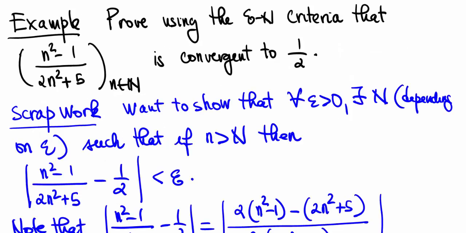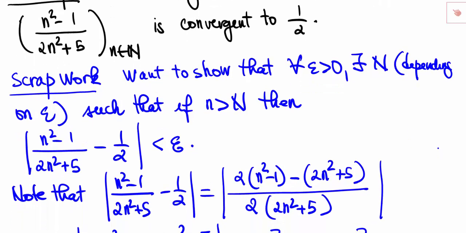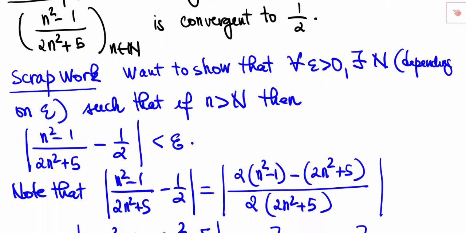Alright, so now we want to prove using the epsilon-N criterion that the sequence n squared minus 1 over 2n squared plus 5 converges to one half. Again, first let's do some scrap work to organize our thoughts, and then we'll write the formal proof later. So again, we want to show that for any epsilon greater than 0, there exists a natural number N which depends on epsilon such that if little n is bigger than big N, then the distance between these two quantities is no more than epsilon.